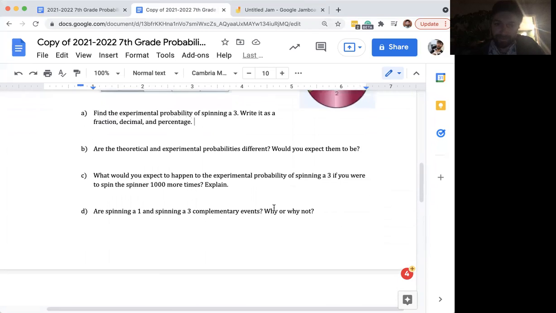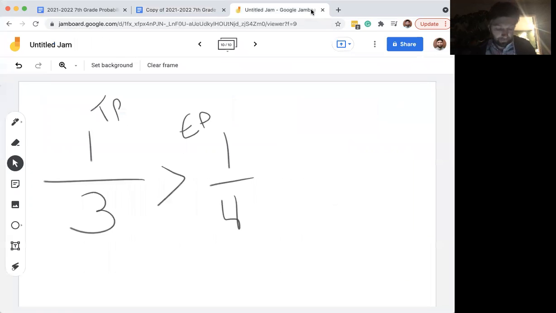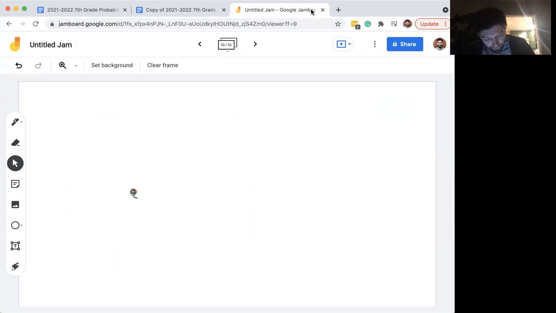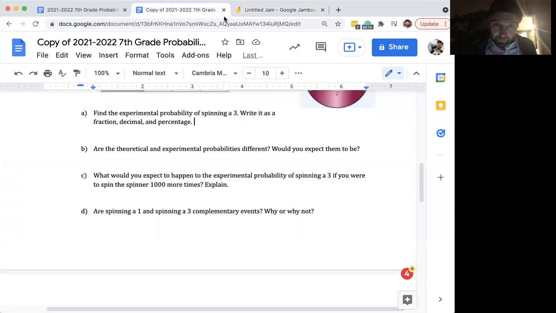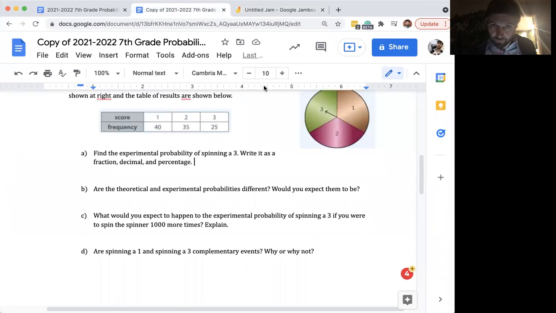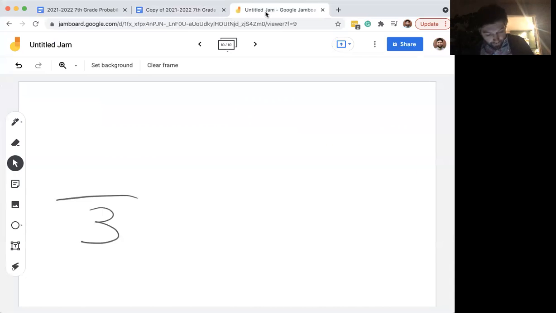And now D asks us, are spinning a 1 and 3 complementary events? Why or why not? Remember, with complementary events, we're going to look at the theoretical probability. I'll just do it as a fraction, I think that's the easiest for complementary events. There are 3 possible outcomes on our spinner: 1, 2, and 3. And one of them is spinning a 3, so I have a 1 in 3 chance of getting that.